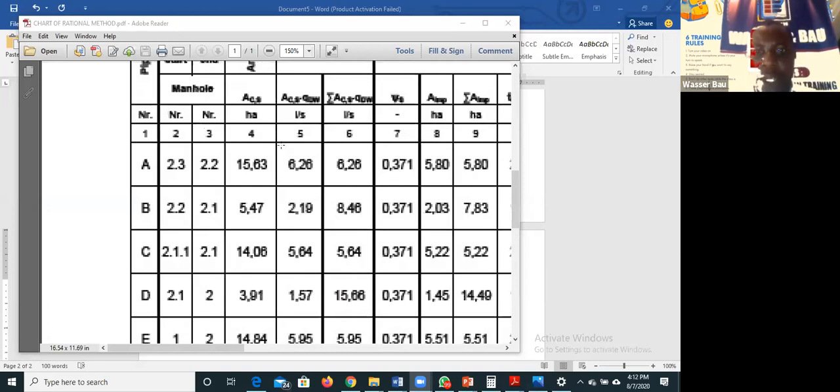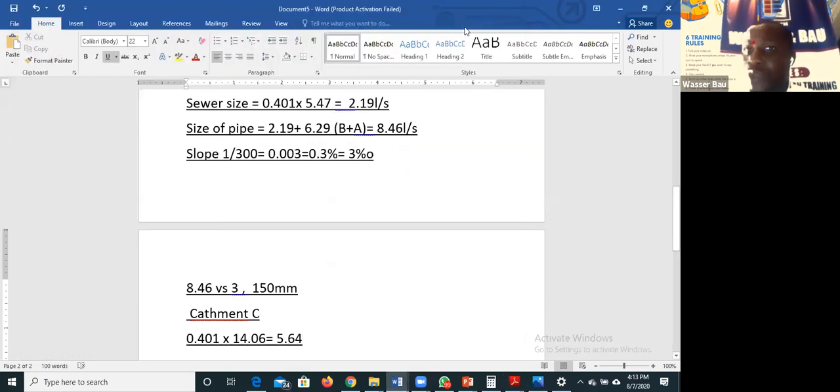Once again, you see all the values I'm getting, I'm filling it, you'll be filling it here. So we're in catchment C. The area is this. When you multiply by the flow per hectare, this wastewater flow coming in from that catchment, you get 5.64. Now, catchment C does not have upstream.